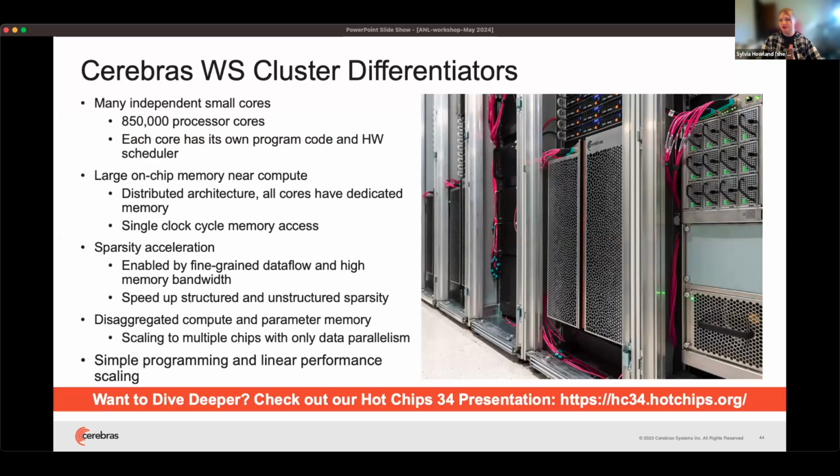Excellent. So to review the high-level differentiators that our hardware clusters provide, we're going to have those 850,000 processing elements operating on this data flow fabric, lots of complex scheduling that's happening at the low level. We're going to have a large amount of on-chip memory that's super close to our compute that lets us read, write, and communicate lightning fast. This is something we're going to touch on more in day 2.